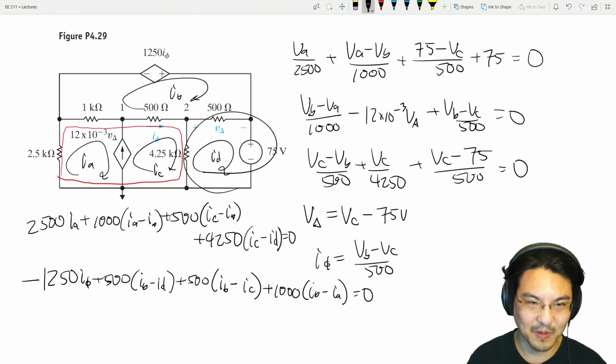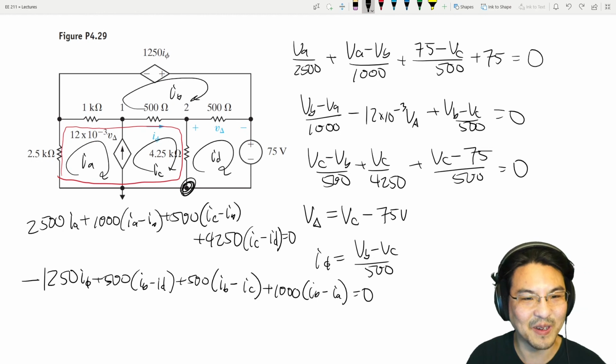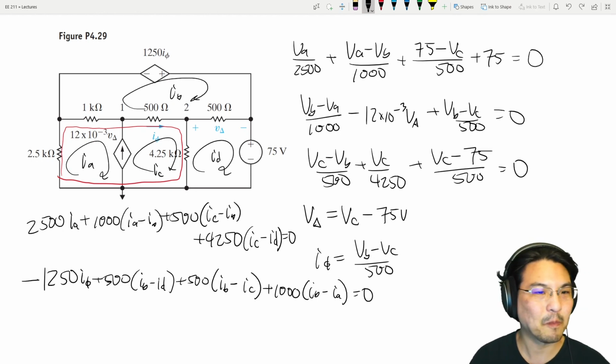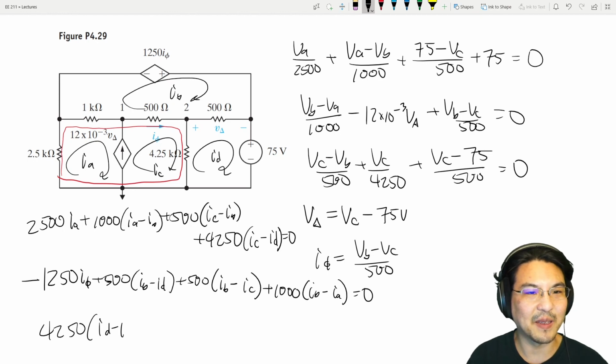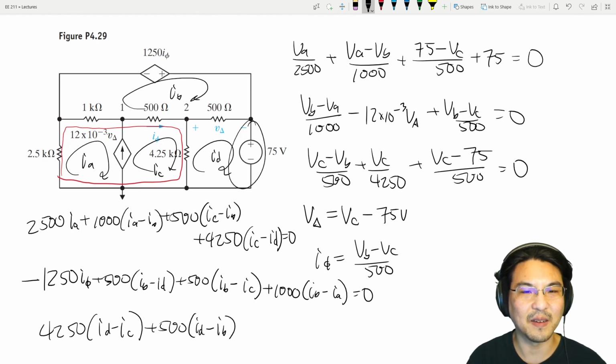And then last one for mesh D. Let me start right here and go clockwise. 4250 ID minus IC. Now over here, 500 ID minus IB. And now over here, 75. And there we go.